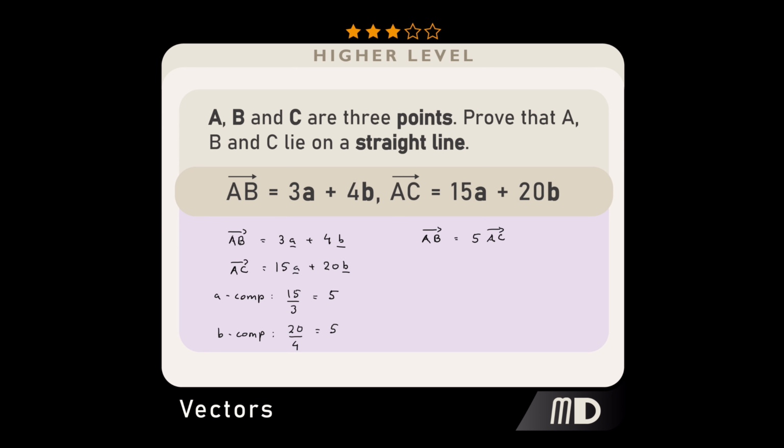Both vectors also share a common point. Starting at A moves us along a line towards B, which then moves us along the same line to C, indicating that all 3 points lie on a straight line.